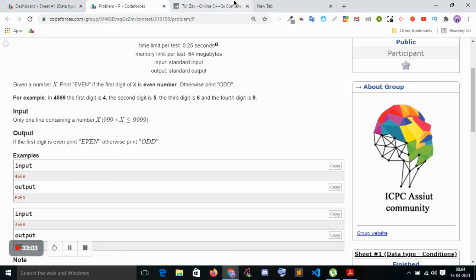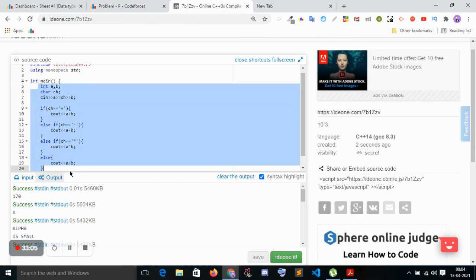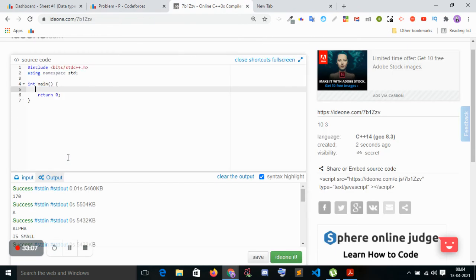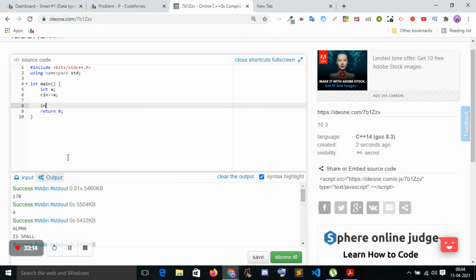Okay, so the question is very clear. We need the first digit: int a, string a, and int firstDigit equals a divided by 1000.